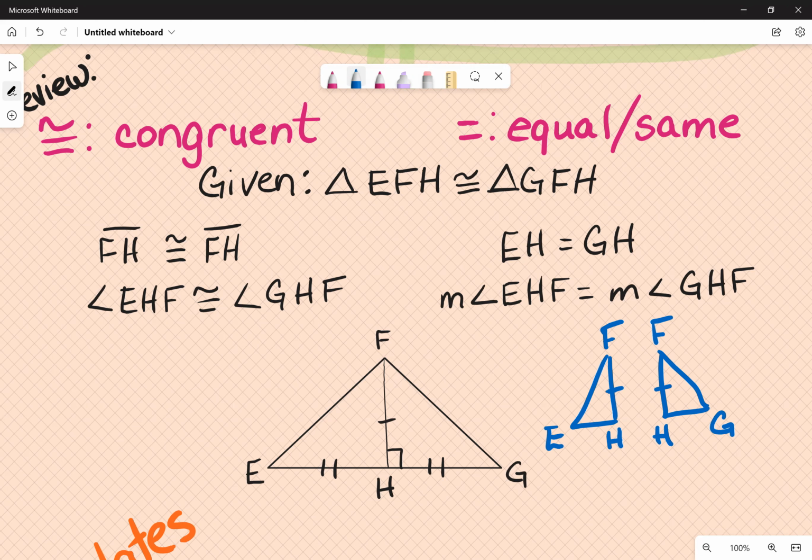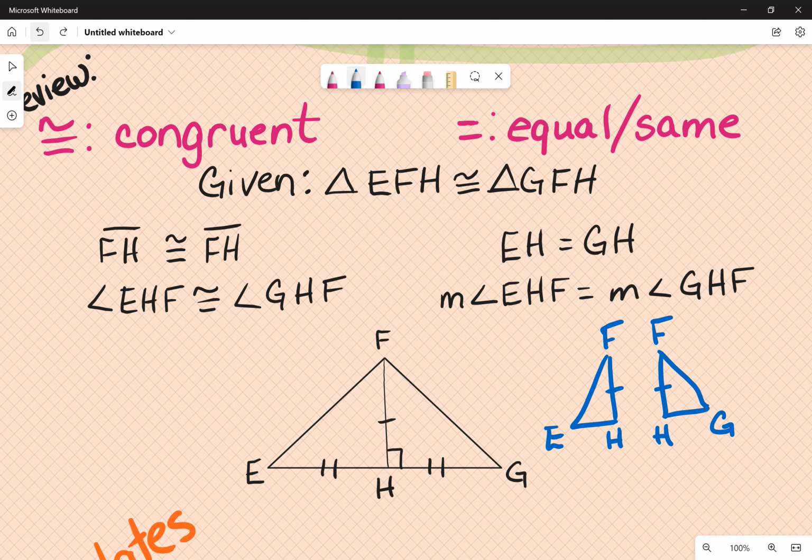So therefore, that's why I can write this statement. And I could also set them equal to each other if I knew the value. If I said, for instance, that this was, I don't know, 10, then I know that I would have a 10 on one side and then whatever the other value is. It's not 15, like I mentioned a few minutes ago for EH and GH.